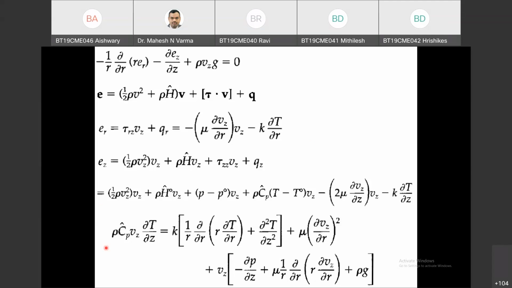We have discussed it also. Not everything is neglected. We have discussed also why velocity is not a function of z.